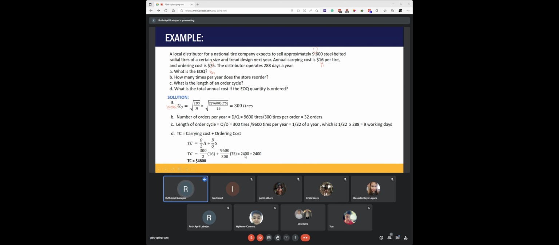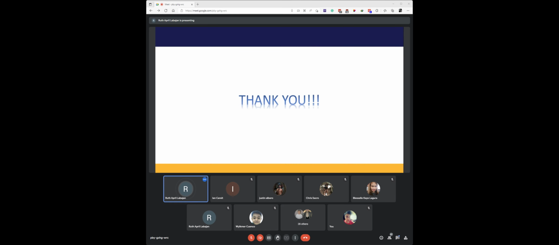That gives you 2,400 plus 2,400, which gives you $4,800. So the $4,800 is the total annual cost. Okay? Once you order the optimal size, which is 300 tires in this case. Understood? That's the economic order quantity.